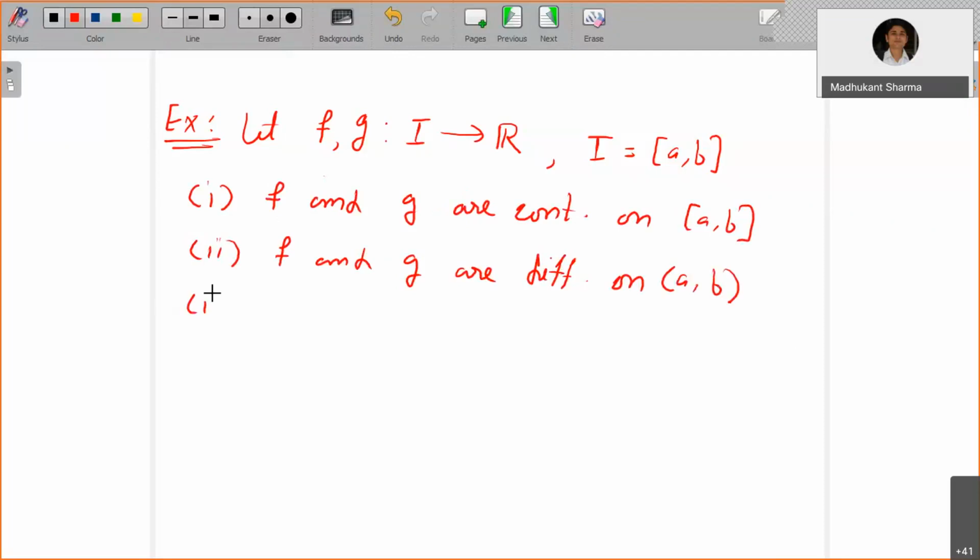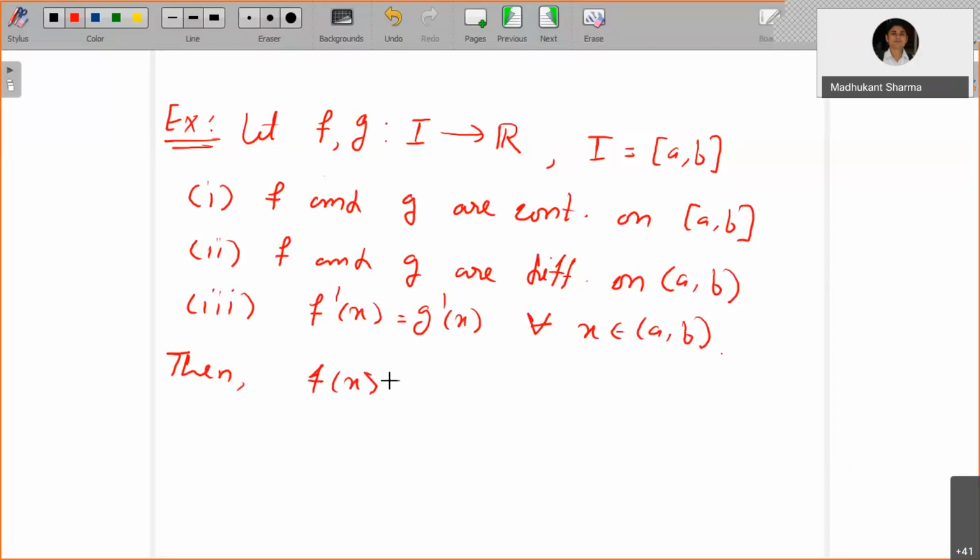And the third is f dash of x is equal to g dash of x for all x in the open interval (a, b). Then f of x is equal to g of x plus some constant. That's the difference.